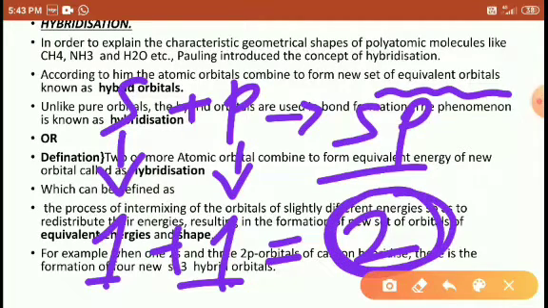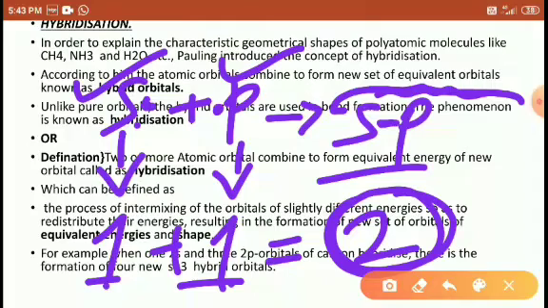Similarly, when we add one orbital and another orbital, they mutually share electrons, s orbital electrons and p orbital electrons, and combine to form the sp orbitals. This sp is the equivalent energy.